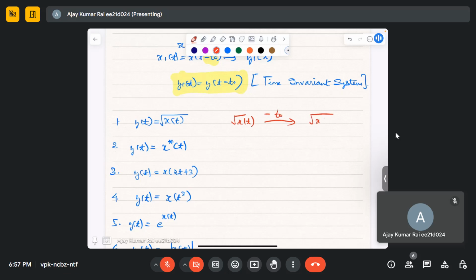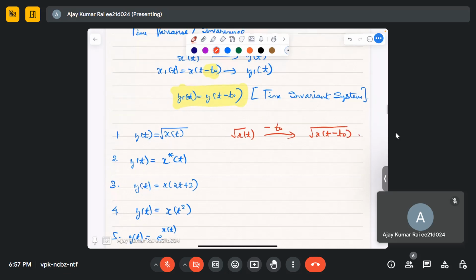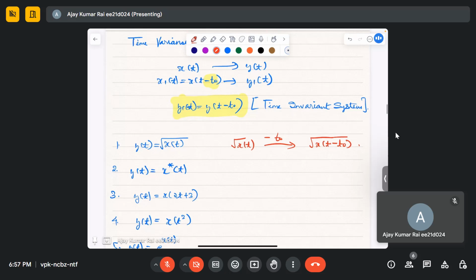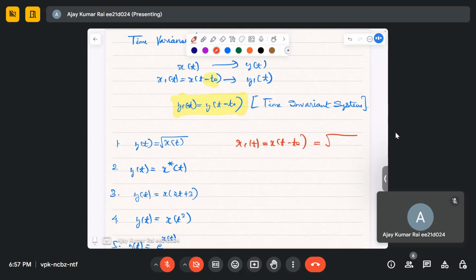So this is xt minus t naught. So you can say this is y1 of t. I'll write in this form. So my x1 t is xt minus t naught. Okay. So what is the output? Output is xt minus t naught.